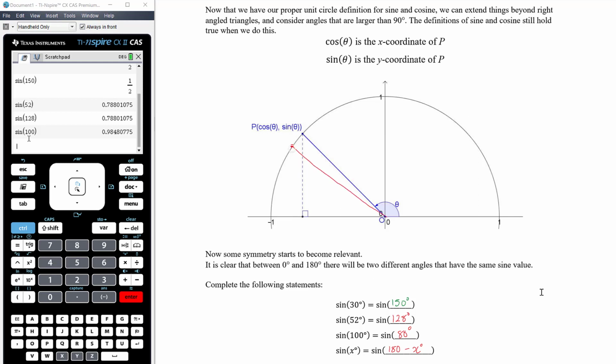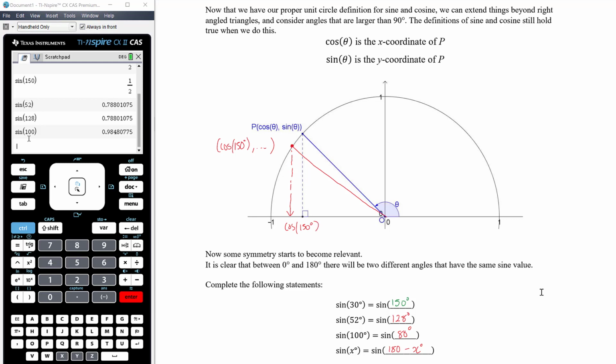Cos being the x-coordinate. So cos of 150 degrees is the x-coordinate at this point. The y-coordinate will be sine of 150, but we're not interested in it. So that value there is cos 150 degrees.